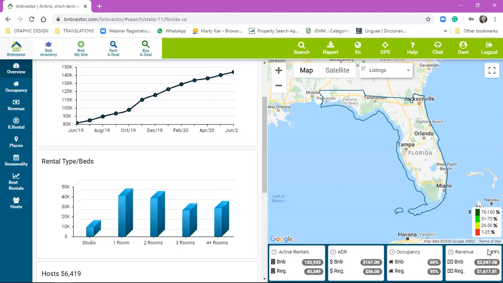Okay, so the additional revenue is the percentage that represents how much additional income you can expect to make with the BNB property rather than a regular rental in the selected area on the map, which we're analyzing right now, the state of Florida.